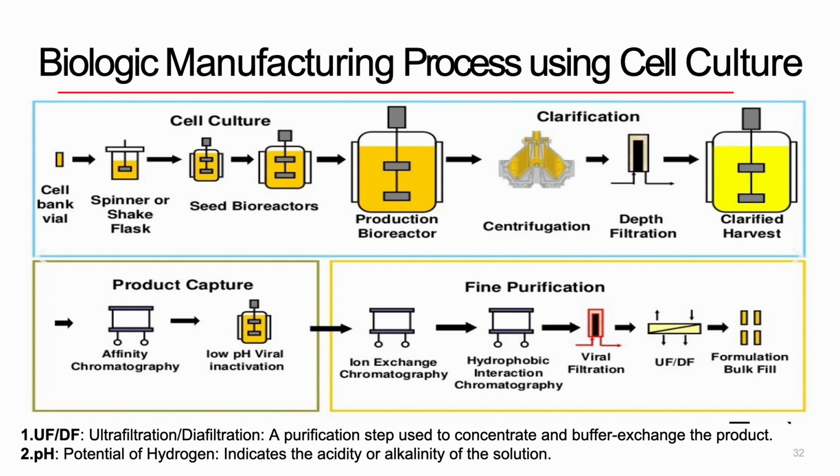But when we upscale and go to the production bioreactor that you see in the middle of the top image on the slide, we are again in an industrial production. This production is going to continue. We're going to have our cells producing the protein as well as other cellular products.